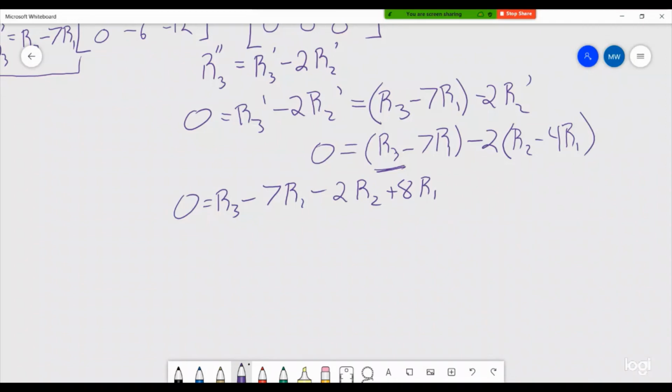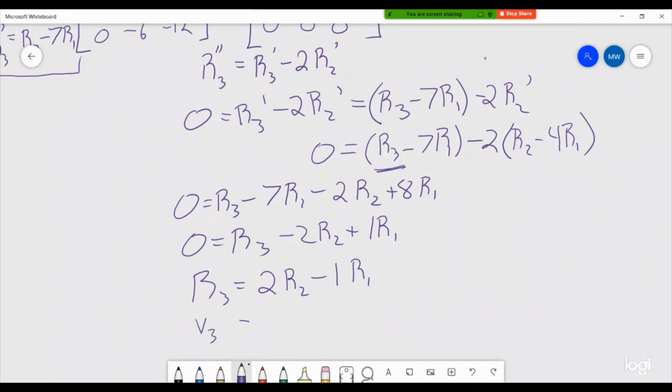So we got 0 equals row 3 minus 2 row 2s plus row 1. And so row 3 equals 2 row 2s minus 1 row 1s. And these were our different vectors. Row 3 was vector 3, row 2 was vector 2, and row 1 was vector 1.